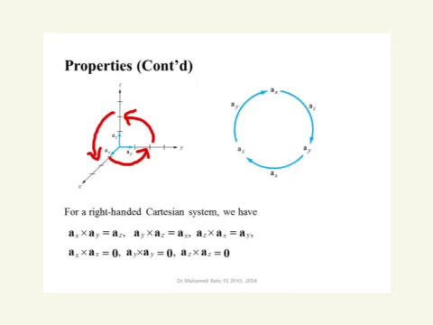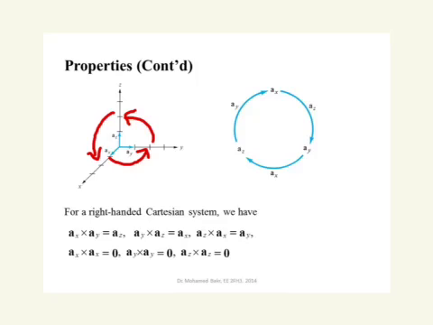And it's not that difficult to see. Ax cross ay will give us a unit vector because these two vectors are normal to one another. Then theta is equal to 90 degrees, then sine theta is equal to 1. So this will give you the modulus of the first one multiplied by the modulus of the second one, so it gives you 1, and it's pointing in the normal direction, which is az.